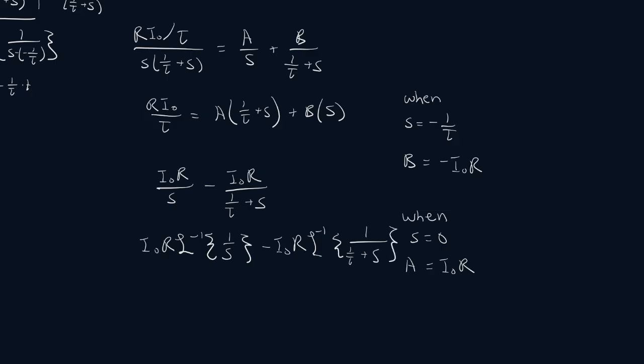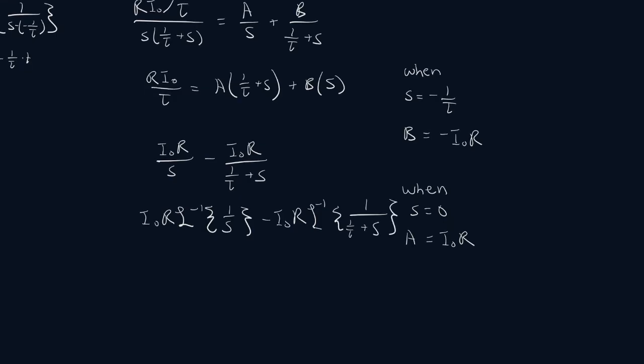Okay, inverse Laplace of 1 over S, that's just 1, so it's just IO times R times 1. And then this one, let's rewrite this like this. So we can just write this as minus 1 over the time constant. So it will be e to the power of minus 1 over the time constant times t, because this whole thing is just a constant.